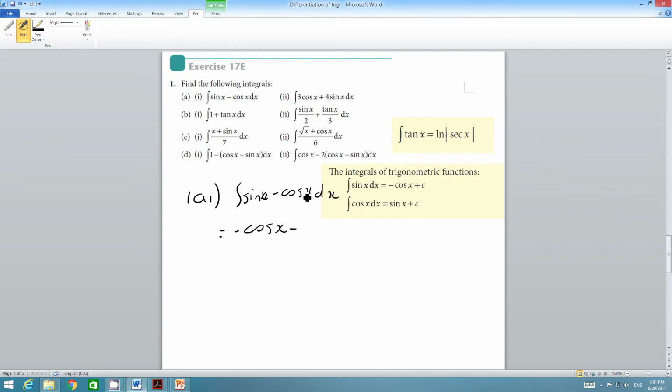So the integral of cosine of x becomes sine of x. Do not get confused and think that it is a negative. Now please remember when you write the integral to write dx. So we are integrating in terms of x. But when I am done, these are indefinite integrals, so I have to write plus c, plus a constant. So please do not forget about that.